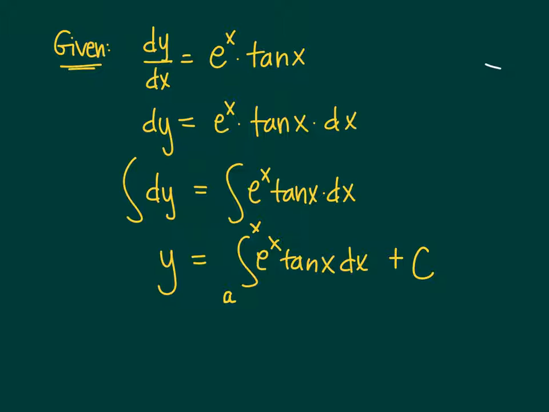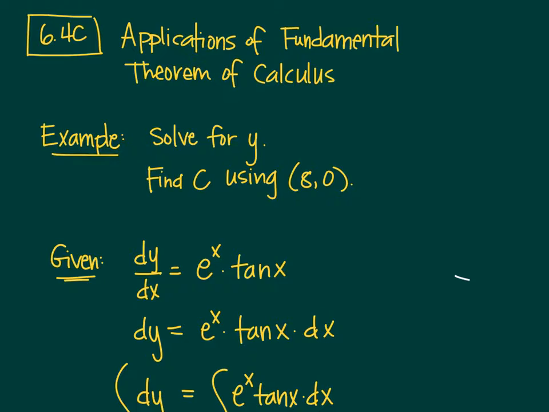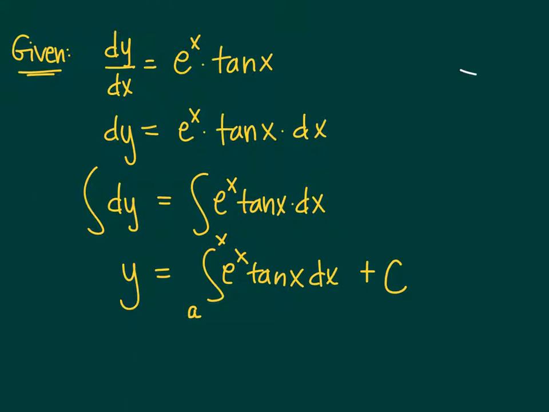You're going to get the value of a from your initial condition. All right, look back at the original problem. We were given the initial condition of (8, 0). That means everything is going to be measured, the area, because remember, an antiderivative, an integral, means the area starting somewhere. And we have to start at the number 8. So I want you to take that a out and replace it with the number 8.